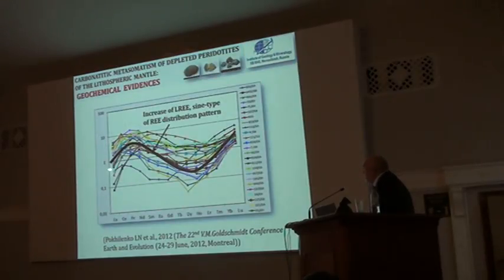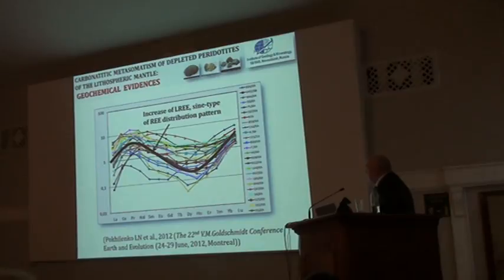Okay. And this sinusoidal type of rare earth distribution is typical for garnets from high-chromium, low-calcium, and high-magnesium pyropes from depleted xenoliths of the deepest levels of the Siberian lithosphere.